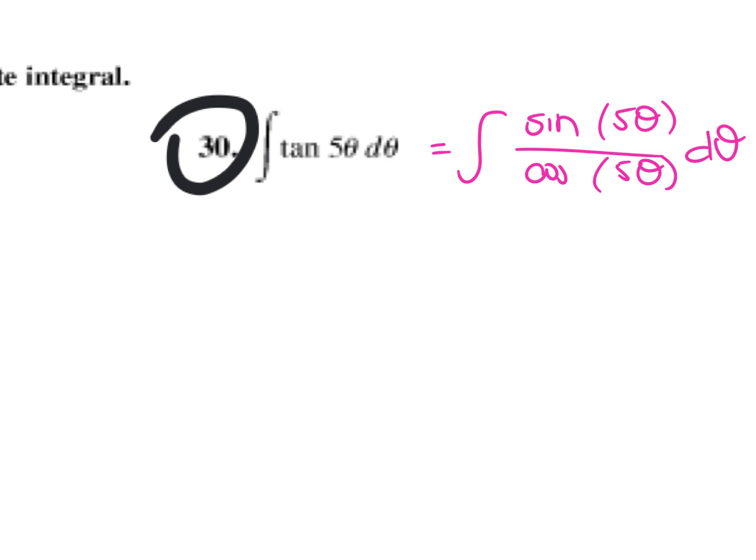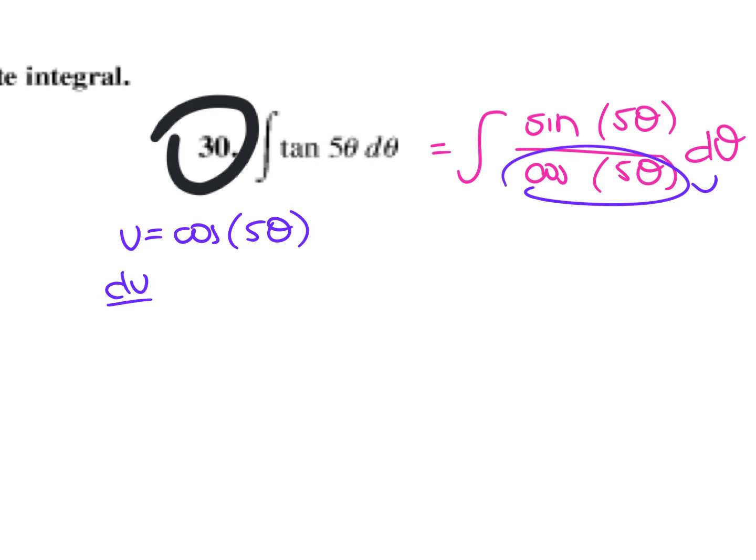If you don't see this one directly, what I would do is make the denominator cosine 5 theta your u, and I would do a u substitution. So I would say u equals cosine of 5 theta. Therefore, du d theta equals, not negative 1/5, negative 5 sine of 5 theta based off of the chain rule on that.